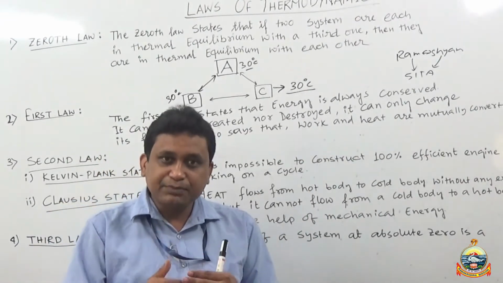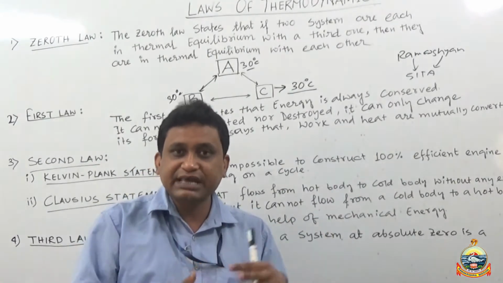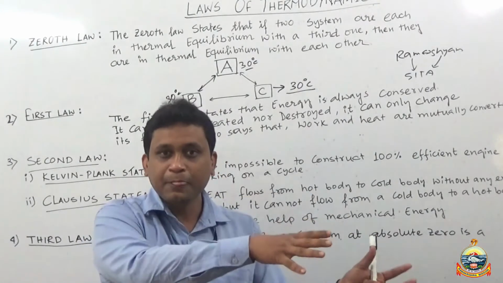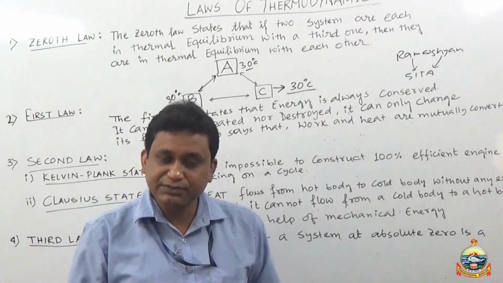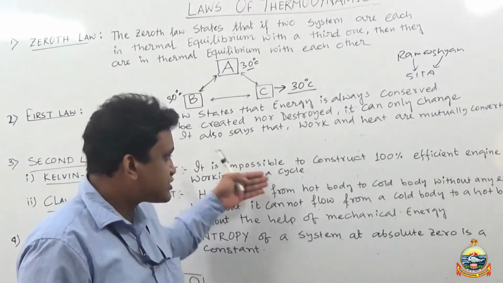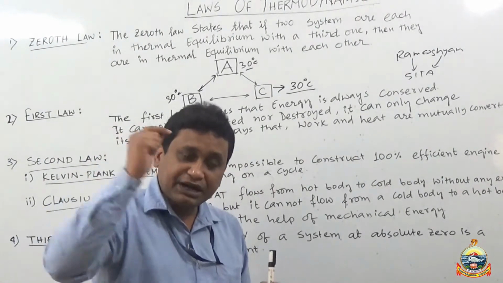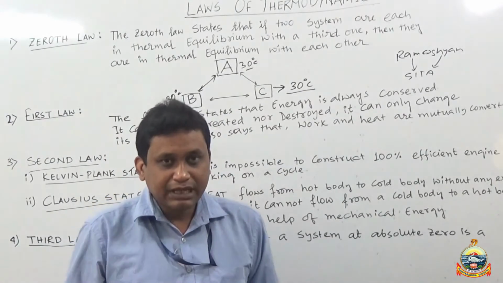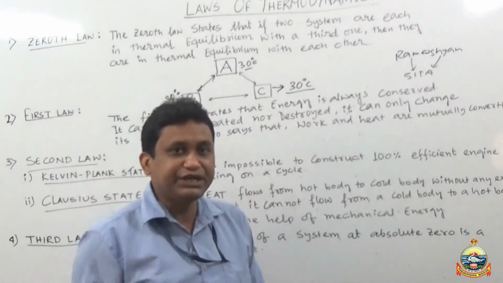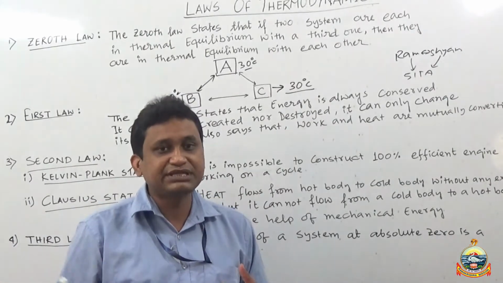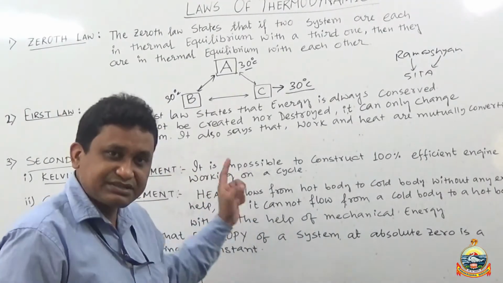Suppose the vapor compression cycle, if I take the refrigeration part, the cycle on which our AC or any refrigerator or any HVAC system is based. Based on that cycle, if you want to construct a machine which will give you 100% efficient work, that is impossible. Whatever you give as input, the output will somehow get reduced. So we cannot construct 100% efficient machines. The Kelvin-Planck statement says this, right.